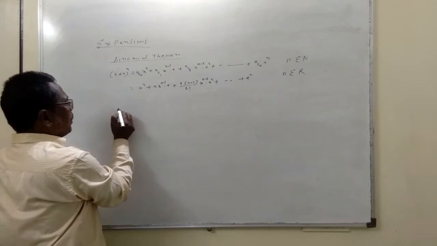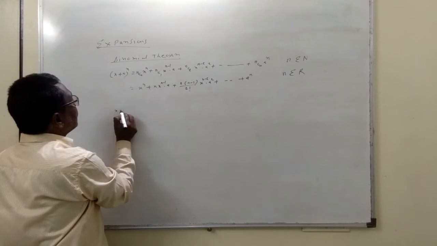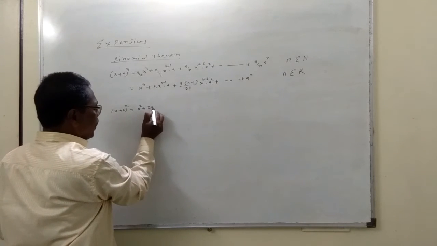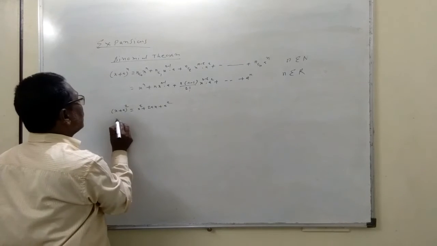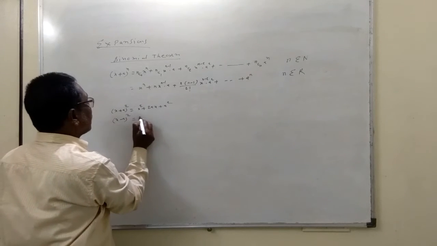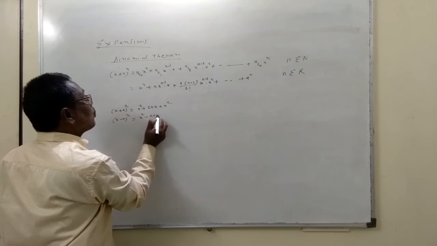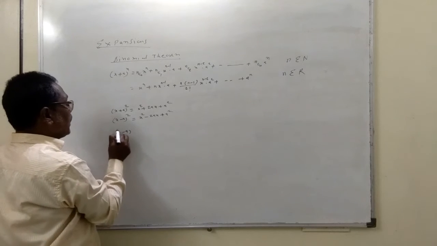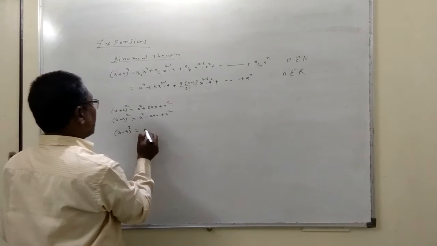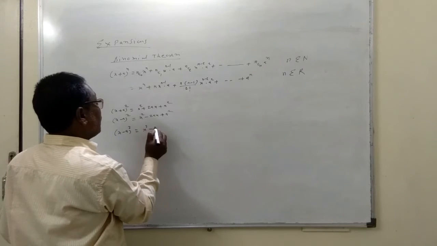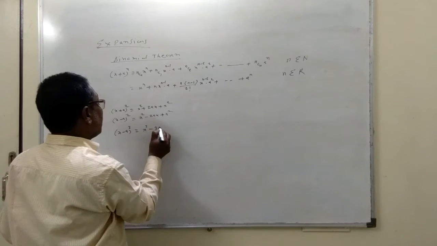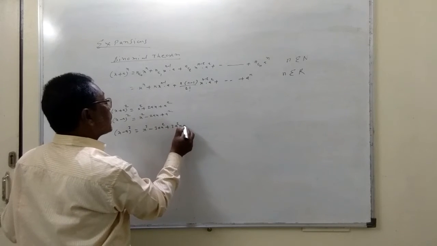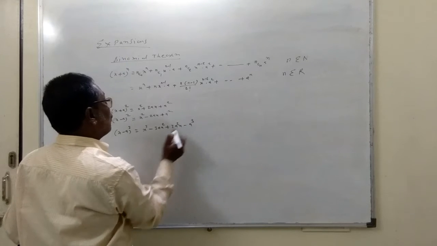By this binomial theorem, we can get the expansions. Suppose x plus a whole square: x square plus 2ax plus a square. X minus a whole square, we can write the expansion as x square minus 2ax plus a square. X minus a whole cube, we can write this expansion as x cube minus 3ax square plus 3a square x minus a cube.